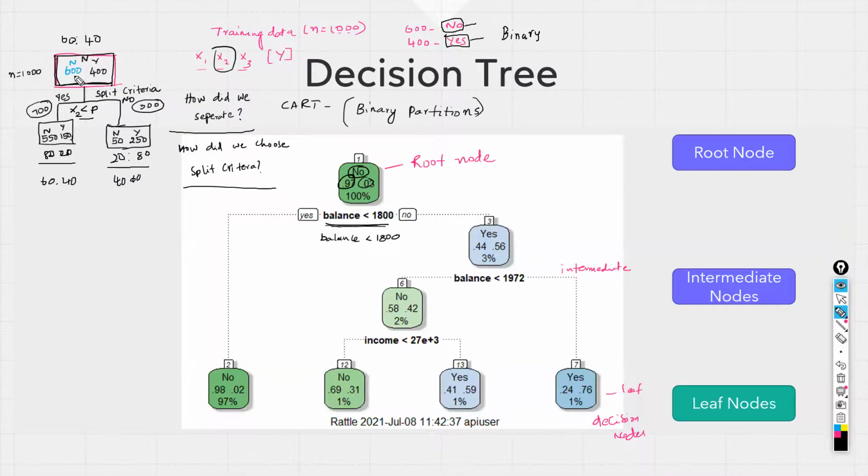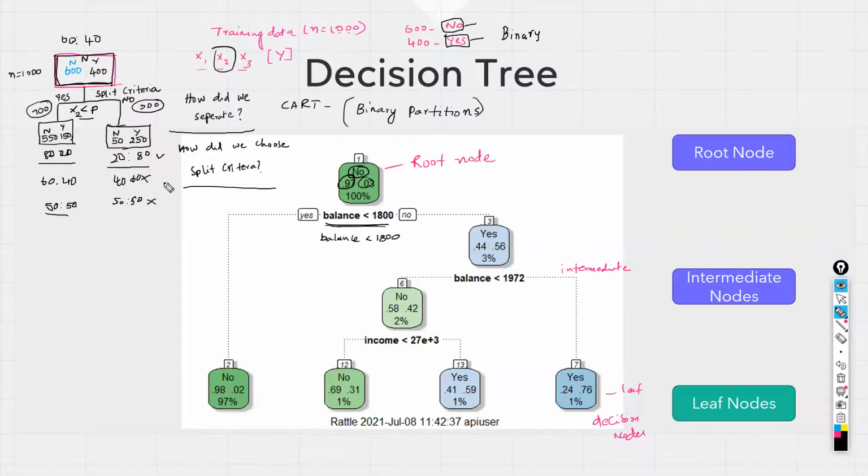At the root node also I have 60-40, and at the child nodes also I have 60-40. Even to make it worse, if it is like 50-50 here, it might not be possible, but just for the sake of argument, if it is like 50-50, it is even worse. At least here I have 60-40. Here in one of the sides I have only 50-50, right? So this is worse, this is worse, this is better.